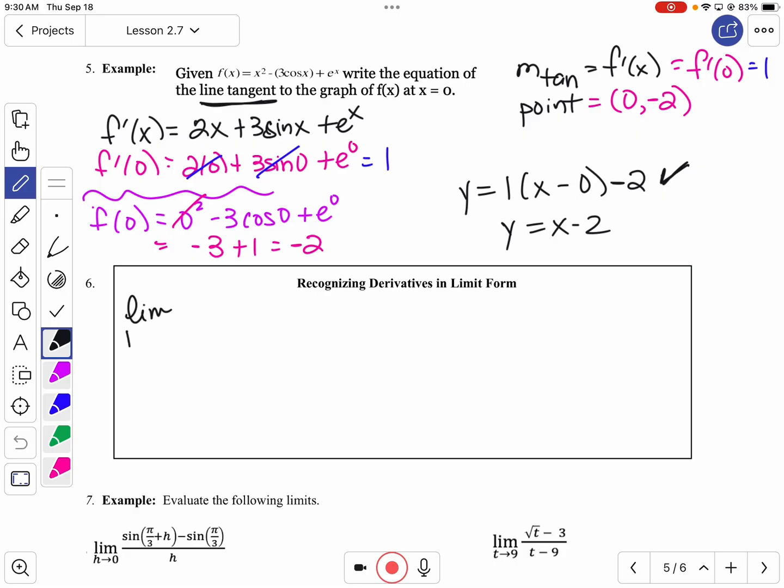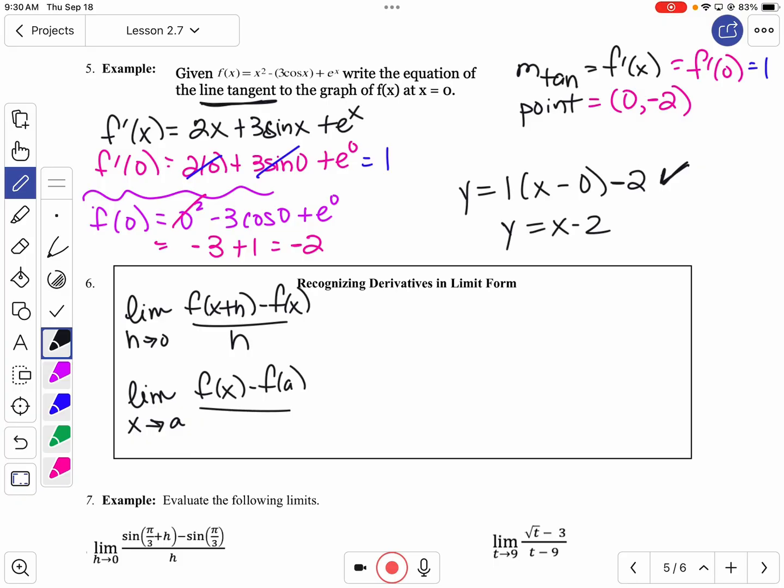We said the limit as h approaches 0 of f of x plus h minus f of x over h. That means derivative. My other limit definition that we use most frequently: limit as x approaches a of f of x minus f of a over x minus a.